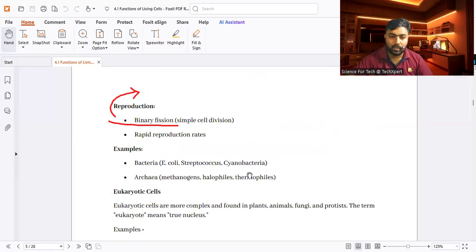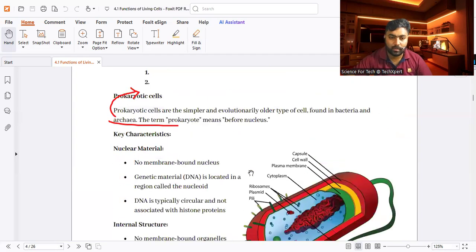Do you have any idea what is meant by prokaryotic cells and eukaryotic cells? Can you give me an example for prokaryotic cells?